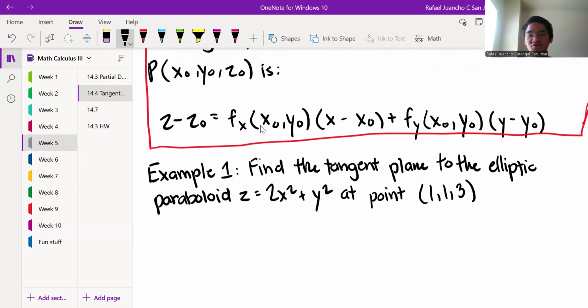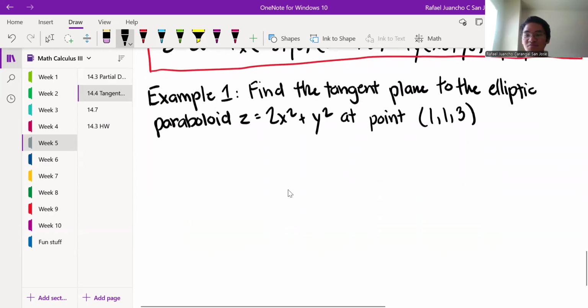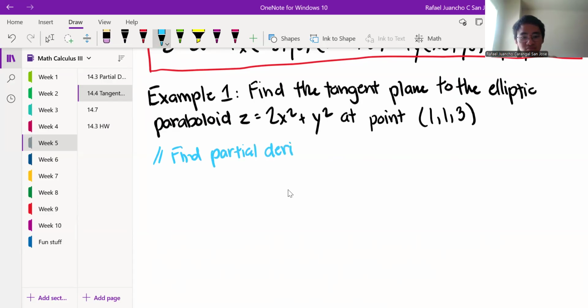Yeah, first we need to translate this elliptic paraboloid into the equation that we want. Okay, or actually, let's do the easy ones first. Let me take its partial derivatives. So find partial derivatives. That's our first step, just to make this easy.